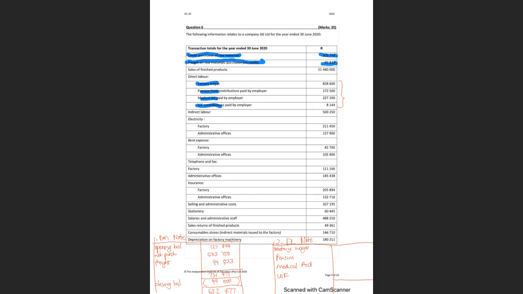So the wages is 828,600. The pension is 172,500. Medical aid 227,200, and UIF 8,144. So that in total is 1,236,444.